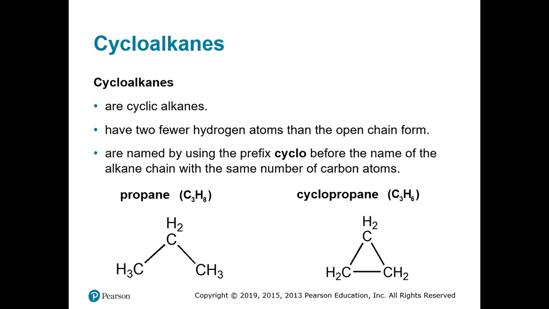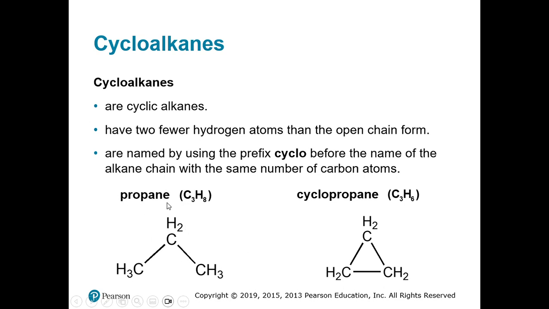Cycloalkanes. The name tells you that it has a cycle involved, so they are cyclic alkanes. They have 2 fewer hydrogen atoms than any open chain form. They are named by using the prefix cyclo before the actual name of the alkane. So if you consider propane, you have 3 carbons in an open chain.